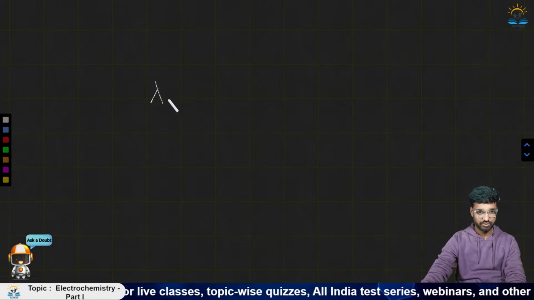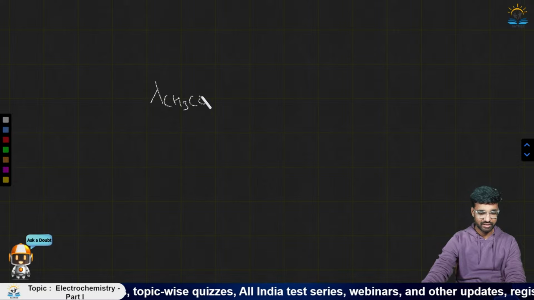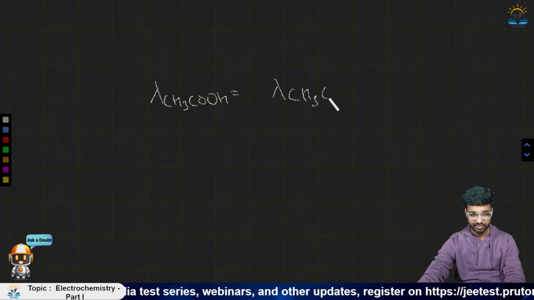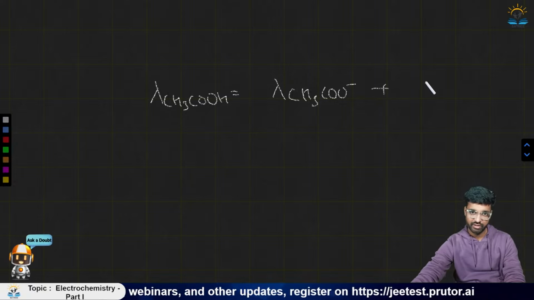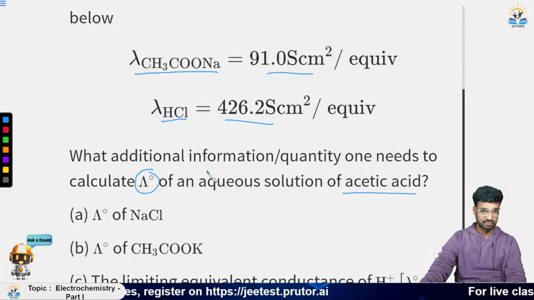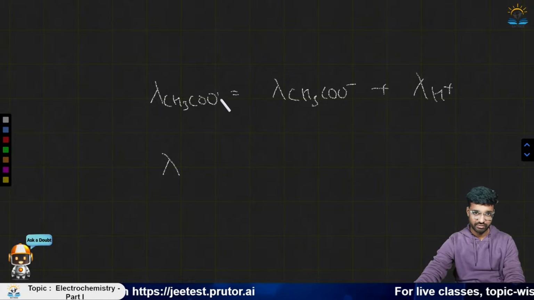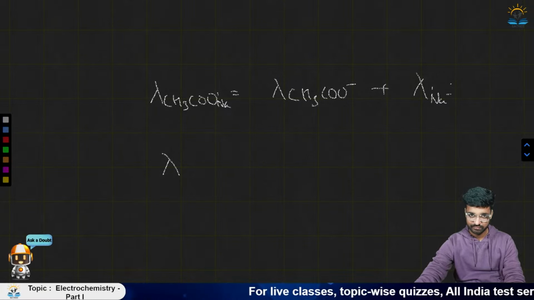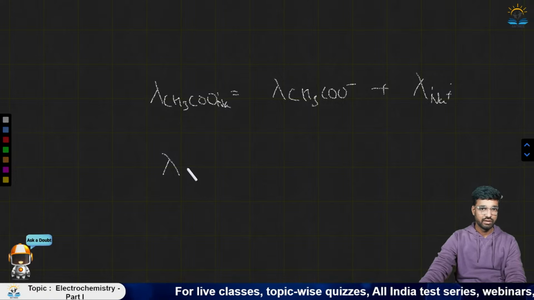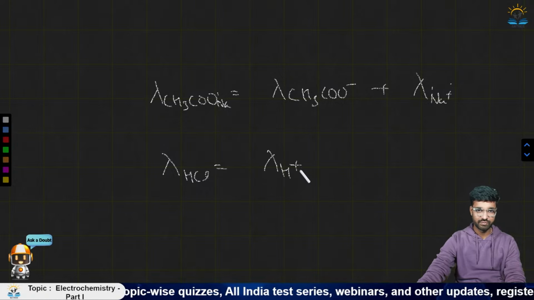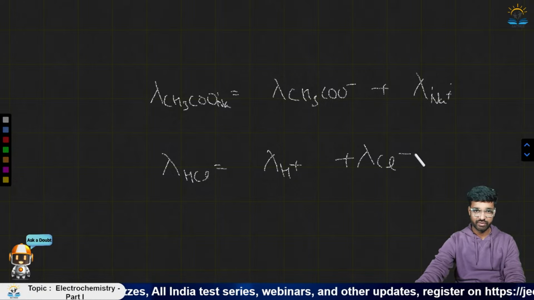We know from Kohlrausch's law very well that lambda of CH3COOH is equal to lambda of CH3COO minus plus lambda of H plus. For sodium acetate, it will be lambda of CH3COO minus plus lambda of Na plus. And for HCl it is given as lambda of H plus plus lambda of Cl minus.